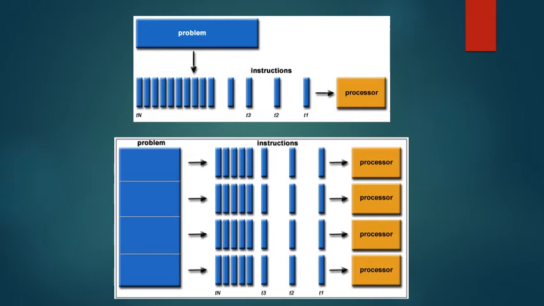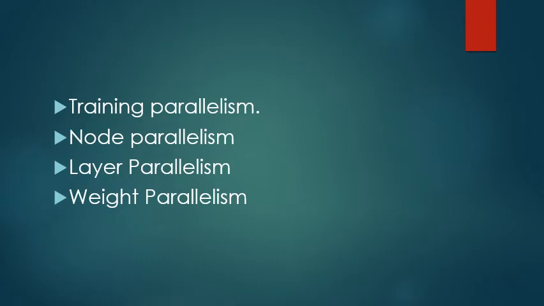To better understand this, we can take a look at different types of parallelism applicable to this topic. The first one is training parallelism. This refers to the idea of going through the nodes of each layer of the neural network in parallel, and this could be a great advantage for an FPGA system.